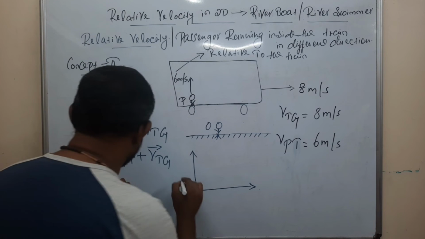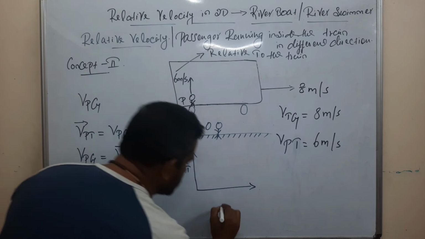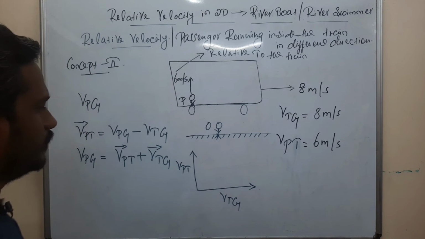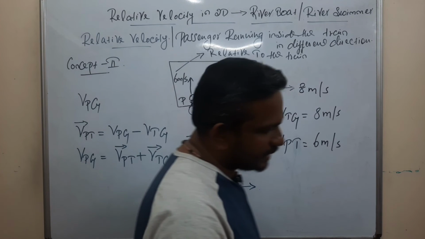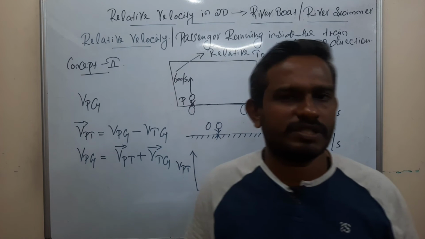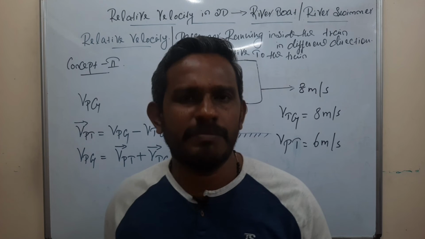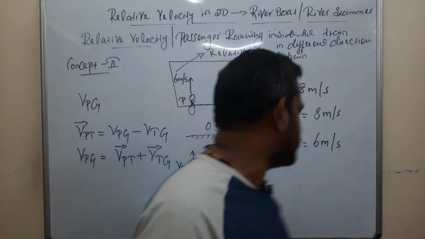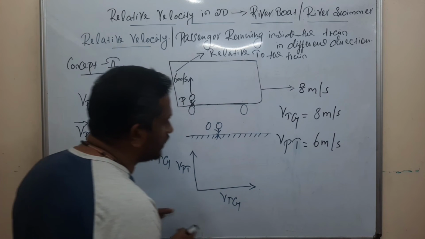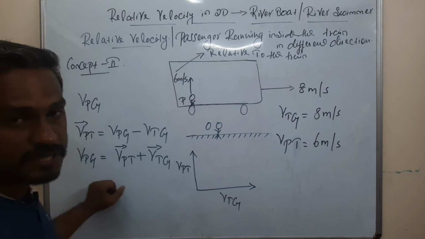So this is v_pt and this is v_tg. When the two vectors act in a straight line, using sign convention we can add them, whether they act in the same or different direction. But here it is a different case. One vector is acting in this direction and another vector is acting perpendicular to it.